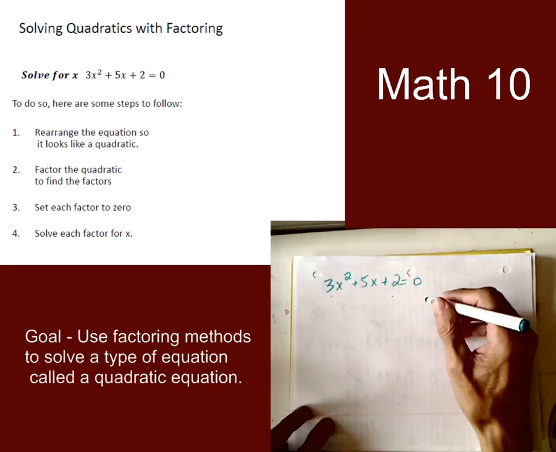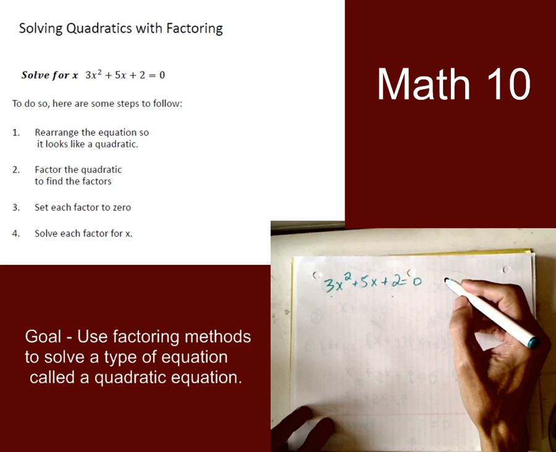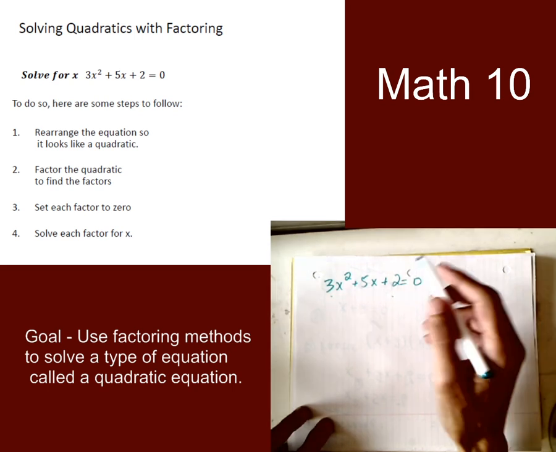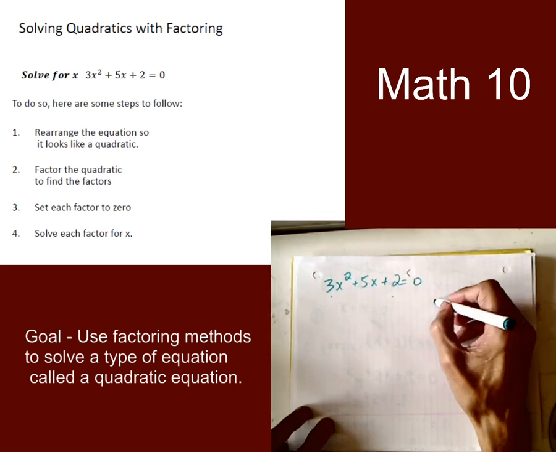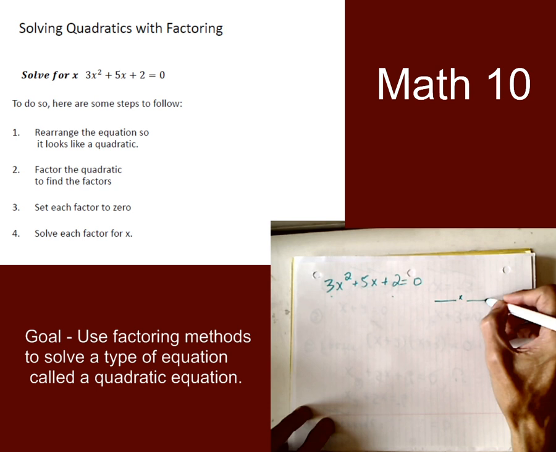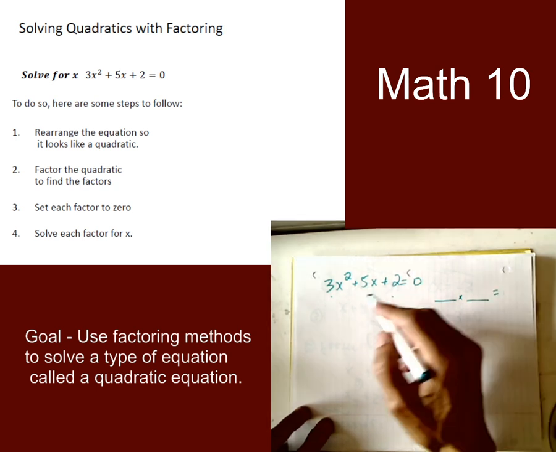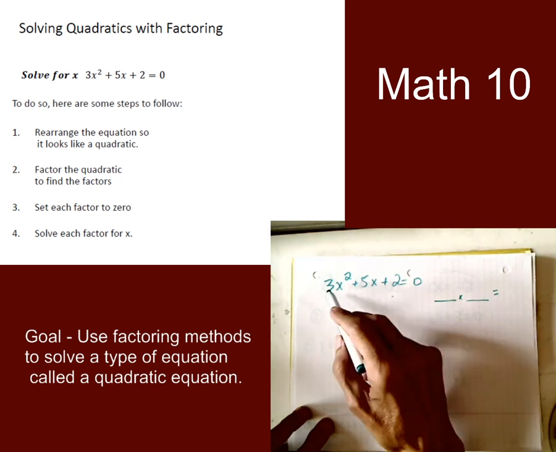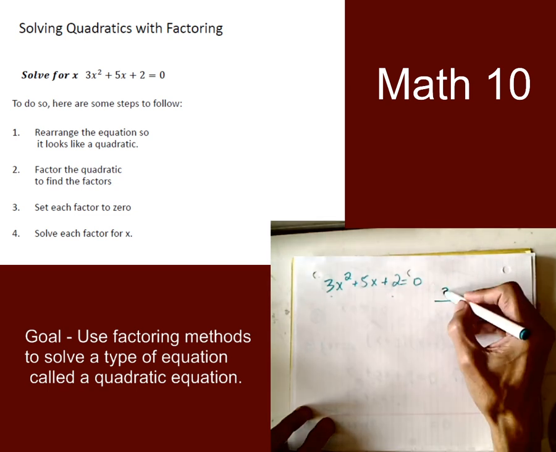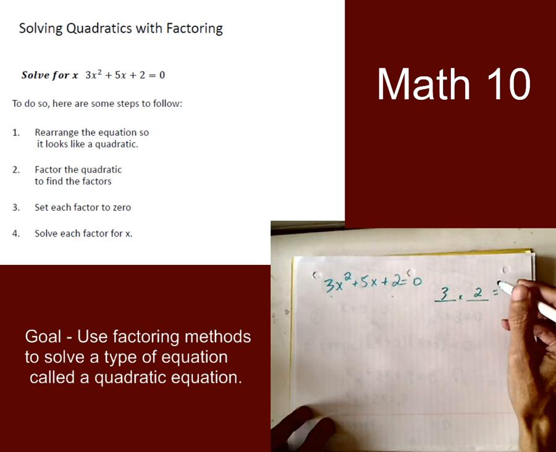But here, we have to work with 3 times 2. So here's how you do it, or this is one way. With factoring, there's no shortage of ways to do it. There's 3 times 2, first number times the last number. That gives you a 6.